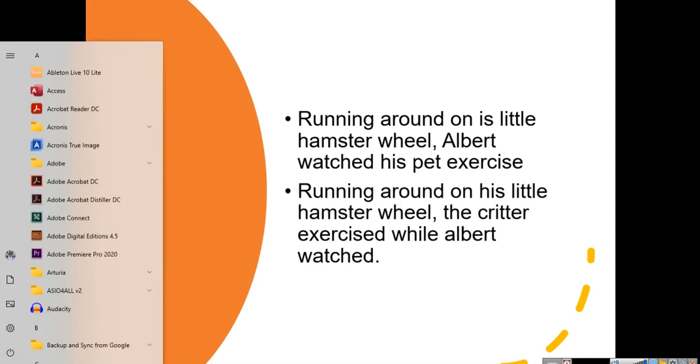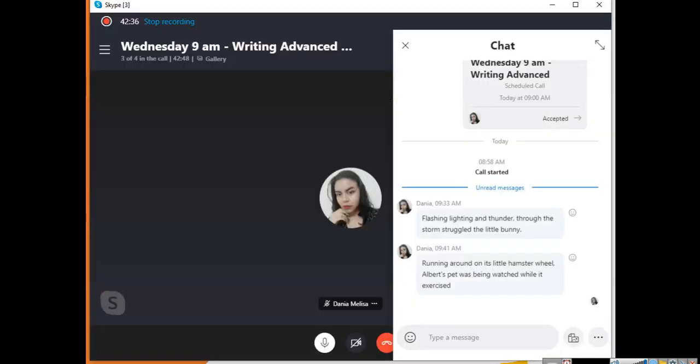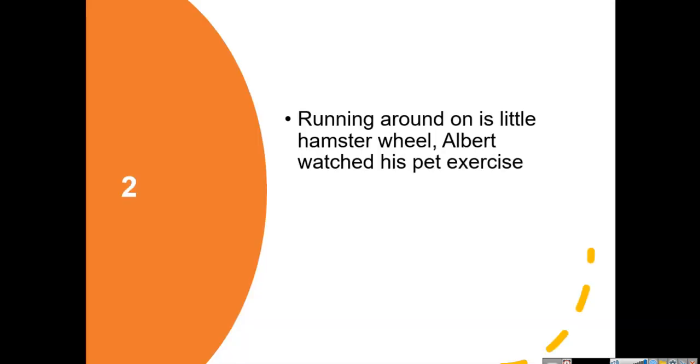Okay, it seems like I got an answer. Running around on his little hamster wheel, Albert's pet was being watched while it exercised. Okay, how about Milton? Remember to write it down, Milton. All right. Yes, on the Skype chat.